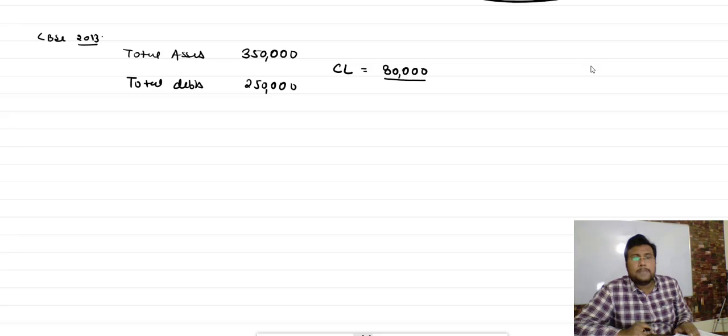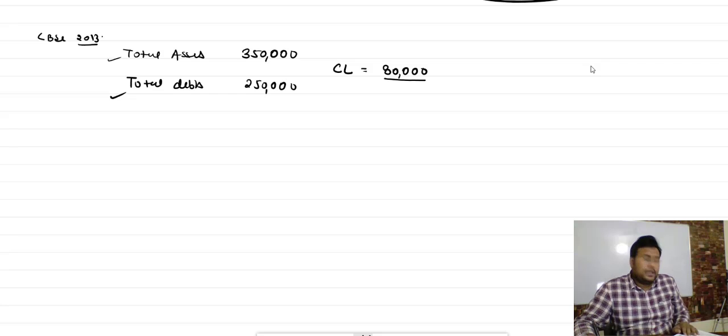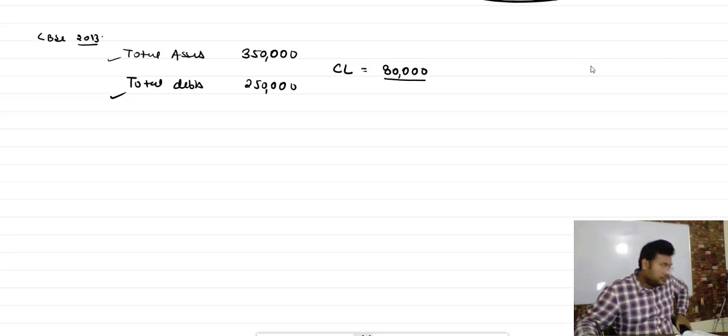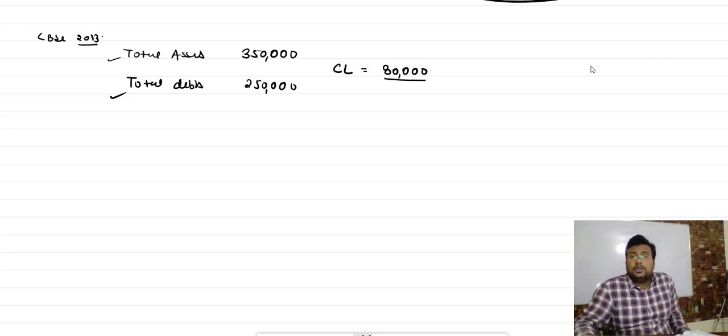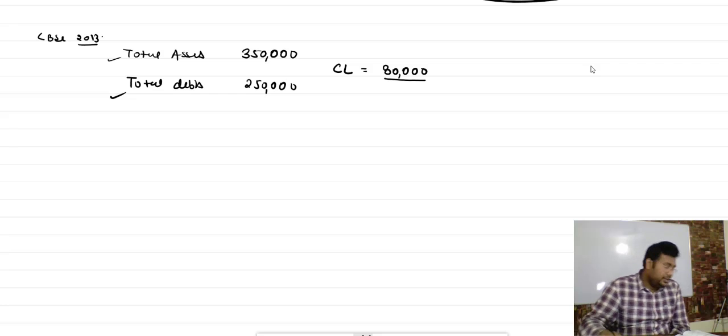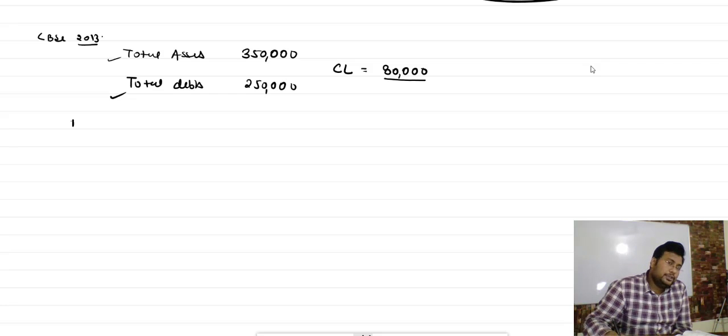So total debts we have 2,50,000, total assets 3,50,000, current liability 80,000. Now we have to find out the value of debt equity ratio.